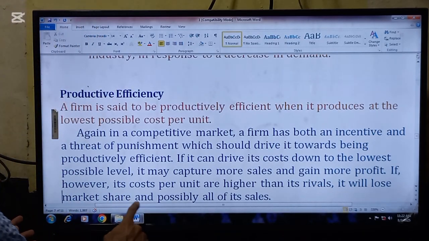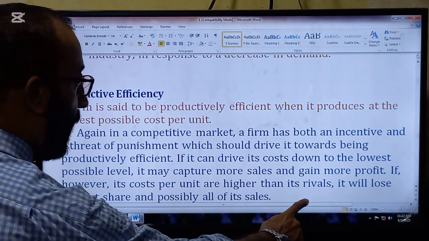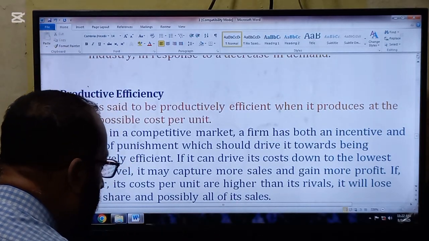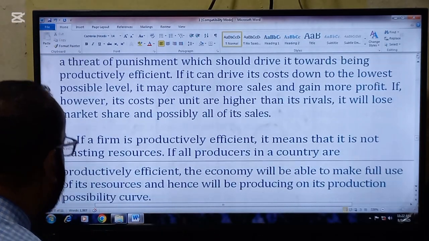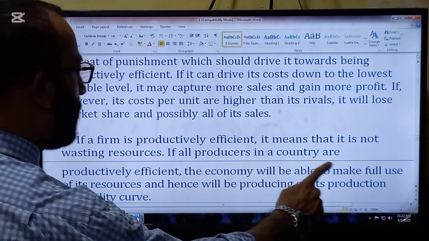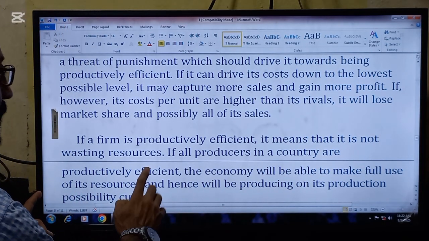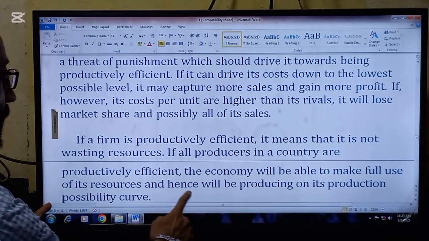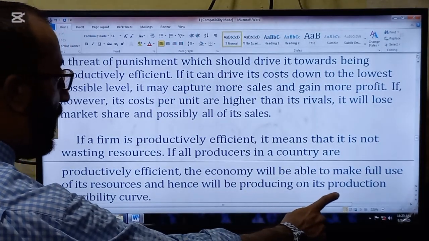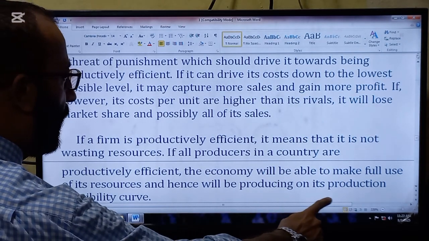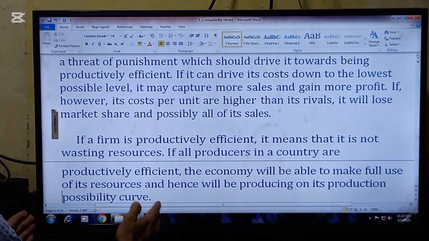If, however, its cost per unit is higher than its rivals, it will lose market share and possibly all of its sales. If a firm is productively efficient, it means that it is not wasting resources. If all producers in the country are productively efficient, the economy will be able to make full use of its resources and hence will be producing on its production possibility curve.